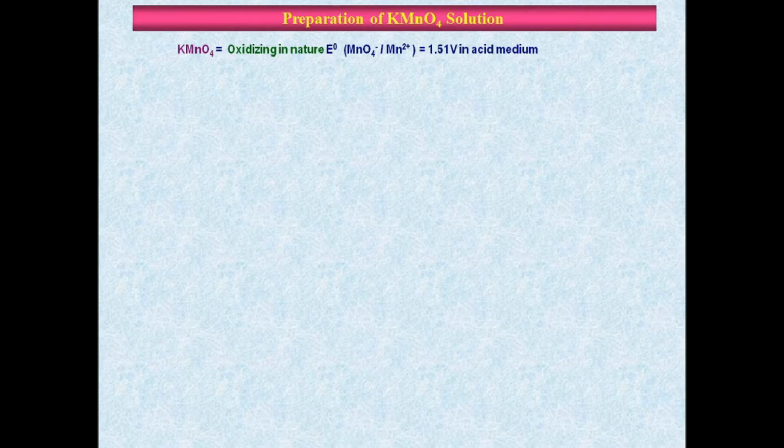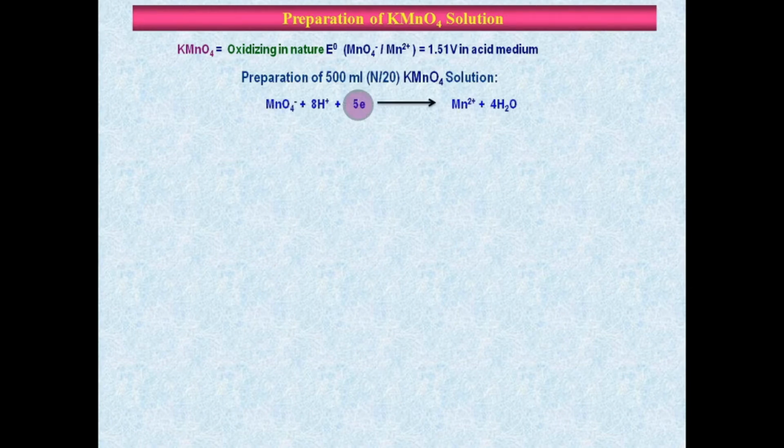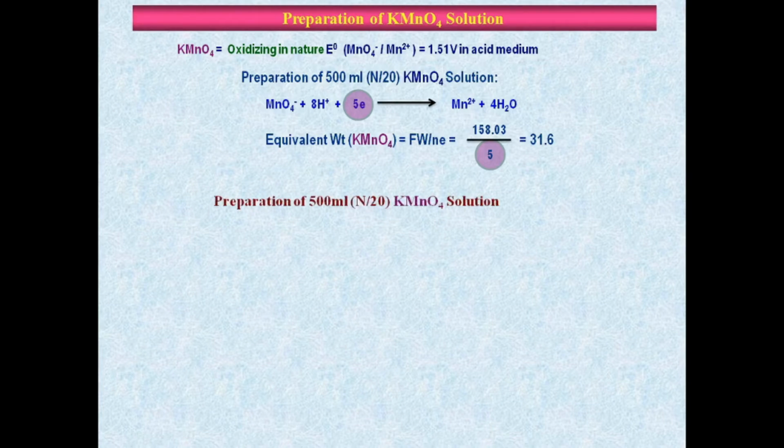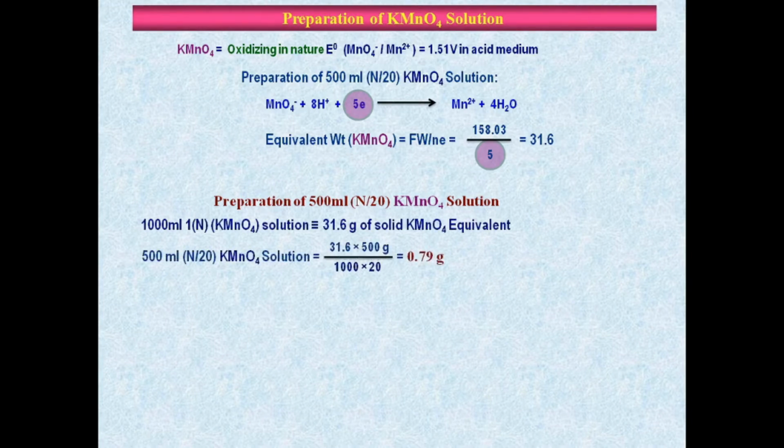So for the preparation of 500 ml N/20 potassium permanganate solution, we have to follow the half cell equation like this, which is a 5 electron transfer reaction, and its equivalent weight is equal to the formula weight by number of electrons transferred, that is 158.03 by 5 is equal to 31.6. For the preparation of 500 ml N/20 KMnO4 solution, we need 0.79 gram solid KMnO4.